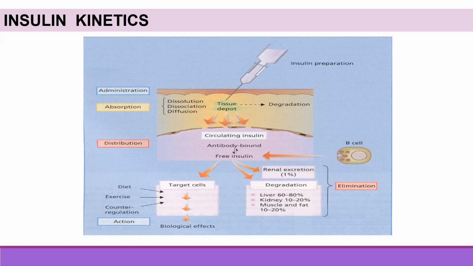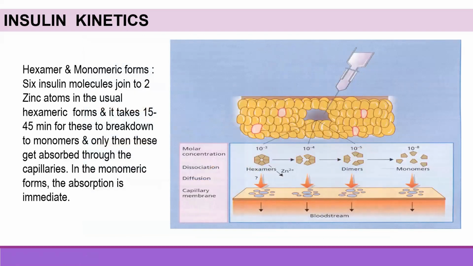Similarly, around 10 to 20% of the insulin is degraded by the kidney. So in patients with chronic kidney disease, again, the patient becomes very sensitive to insulin and the possibility of hypoglycemia goes up.